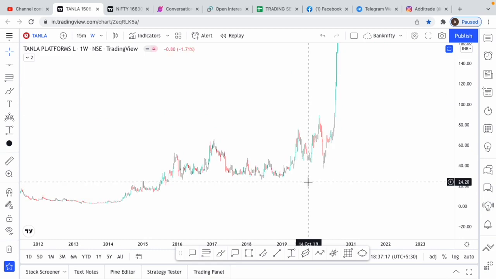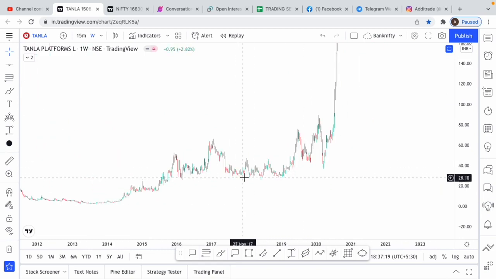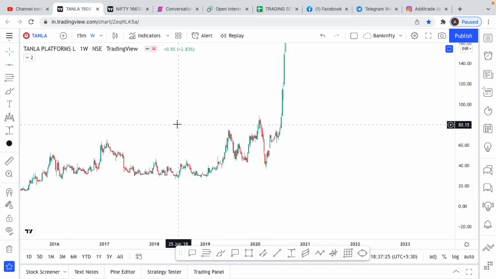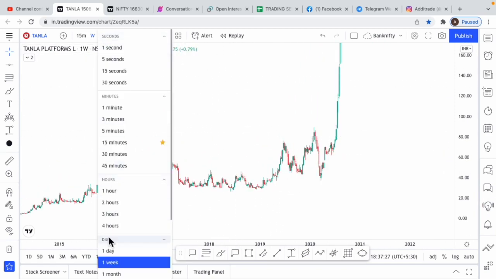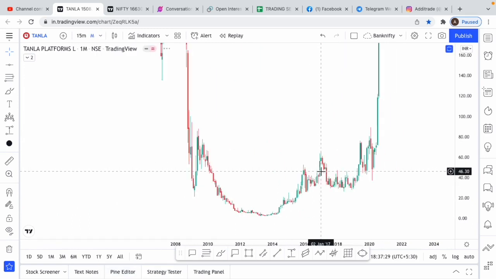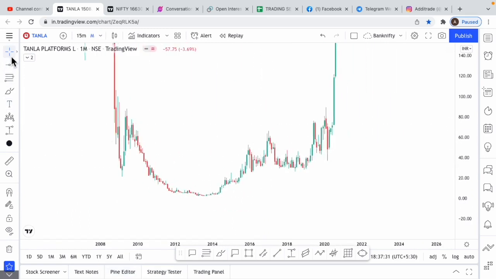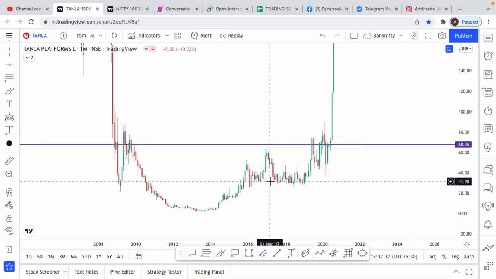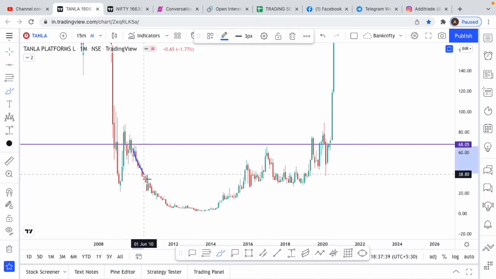Somewhere here we got a volume breakout in one of the scanners. Let me show you on a monthly time frame because it's all extended. So we had this beautiful cup and handle.